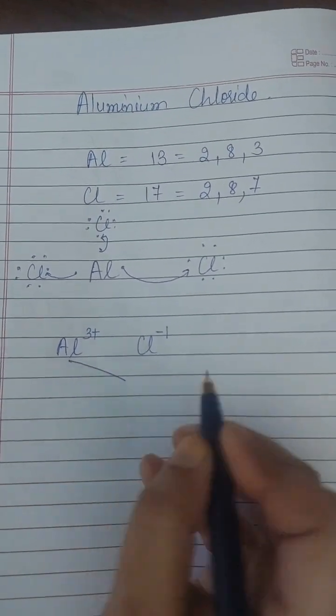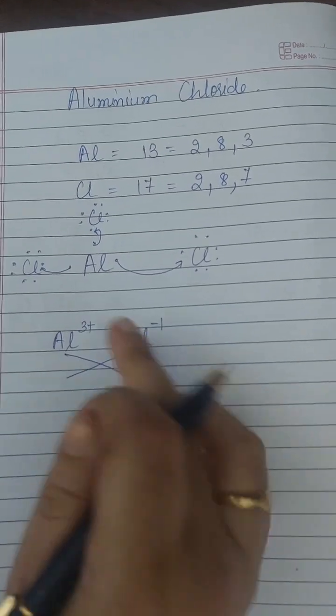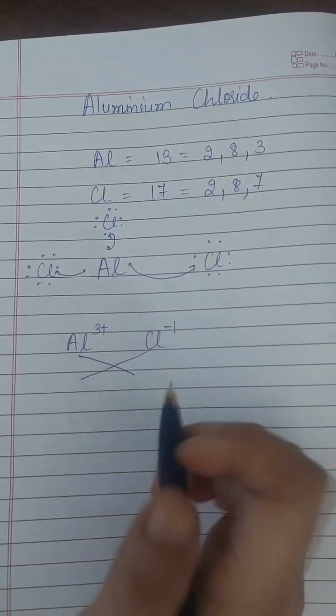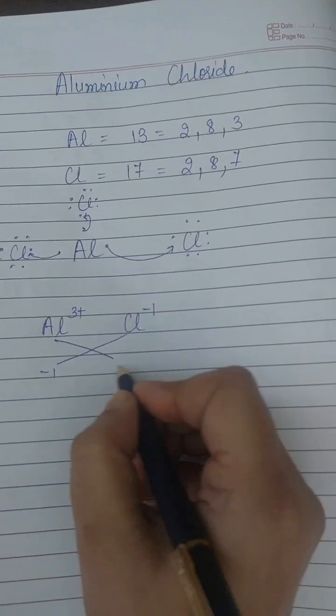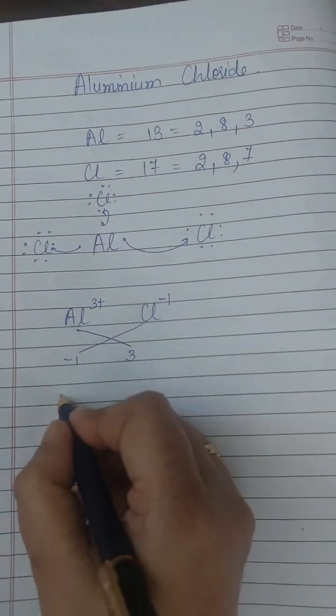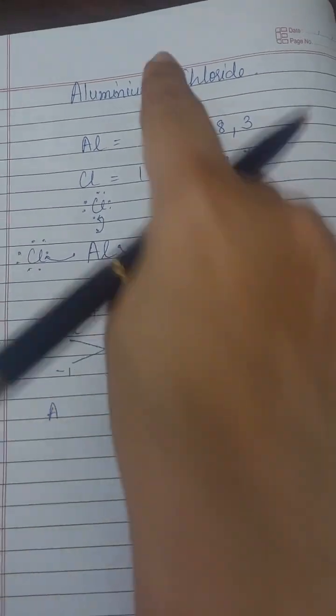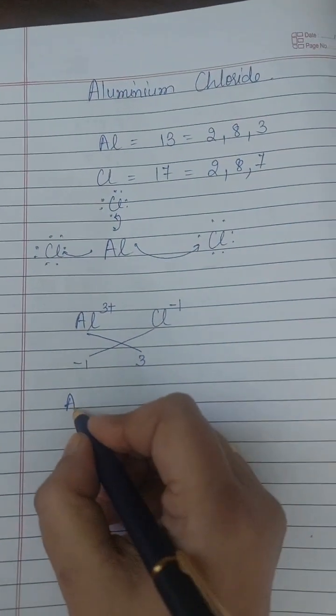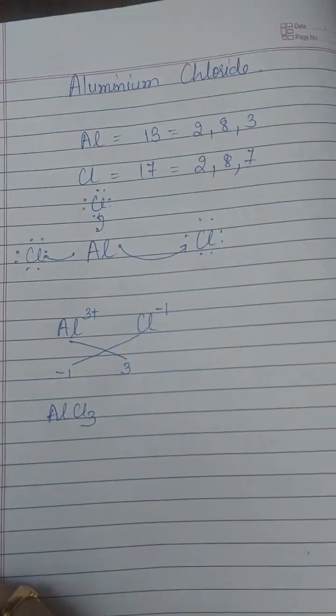So when we exchange the numbers, there will be -1 and there will be 3. So aluminium chloride's formula will be AlCl3.